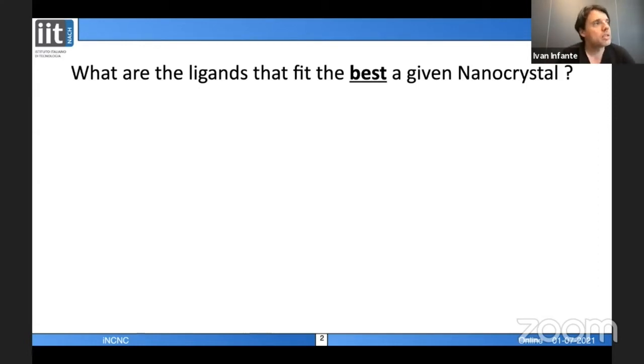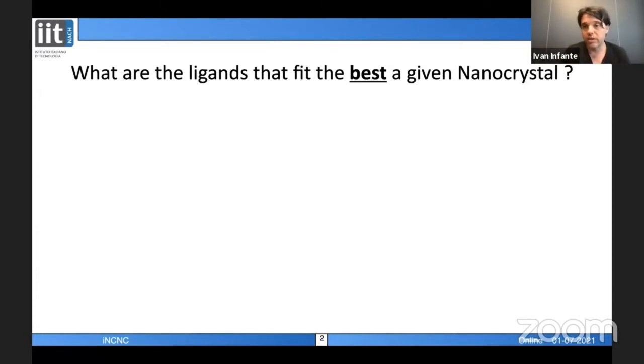So the point is that when you face this, it's already becoming more challenging, the way that you define the best ligand to fit a nanocrystal. These properties that you are interested in, of the ligand to fit a nanocrystal surface, will also come by analyzing the thermodynamics of these ligands on the surface of nanocrystals.